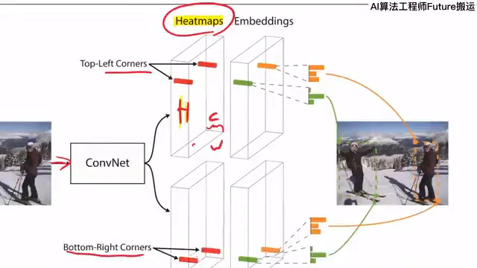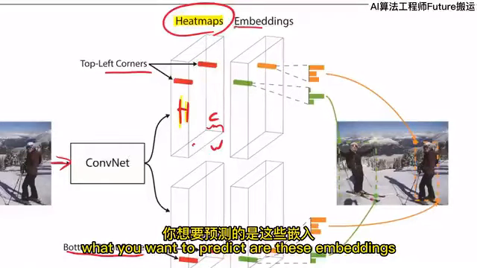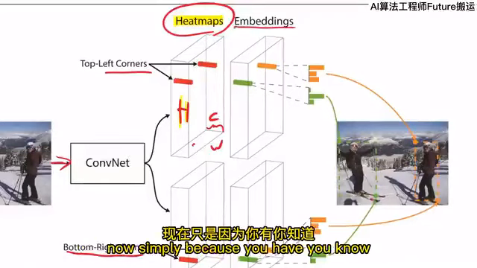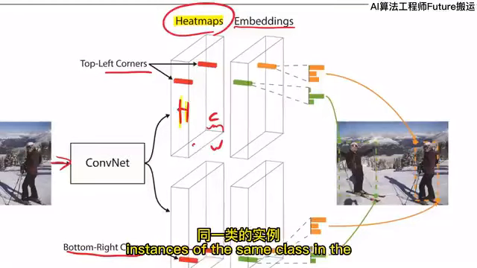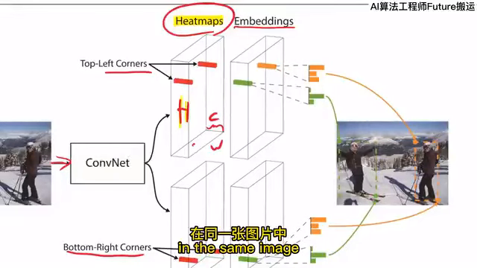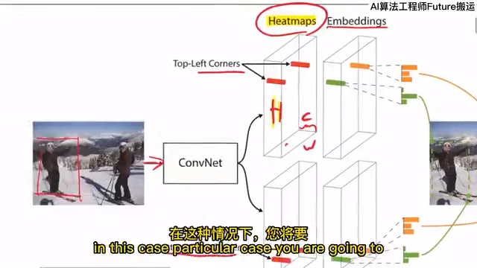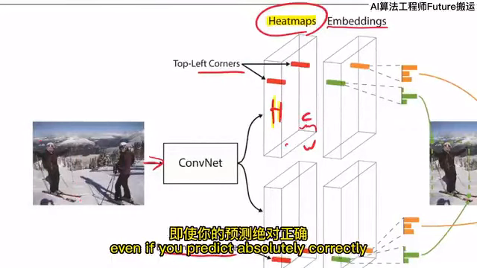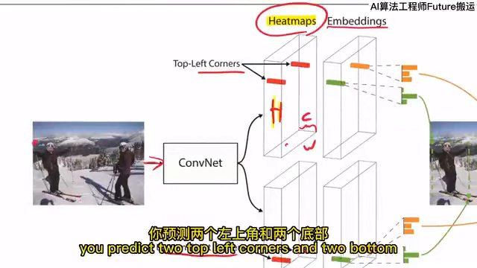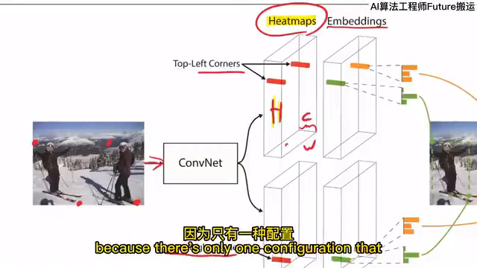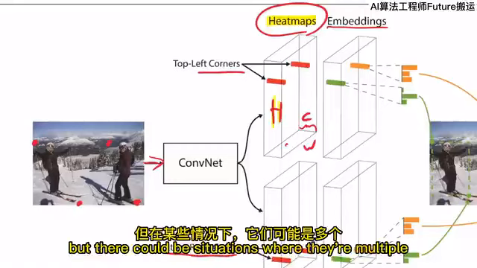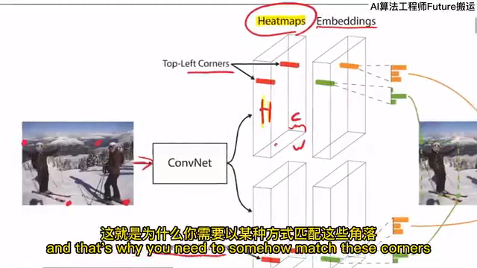Then you also want to predict these embeddings. I said there can be multiple instances of the same class in the same image. In this particular case, even if you predict absolutely correctly, you predict two top left corners and two bottom right corners. This isn't particularly hard because there's only one configuration that can possibly be, but there could be situations where there are multiple, and that's why you need to somehow match these corners.